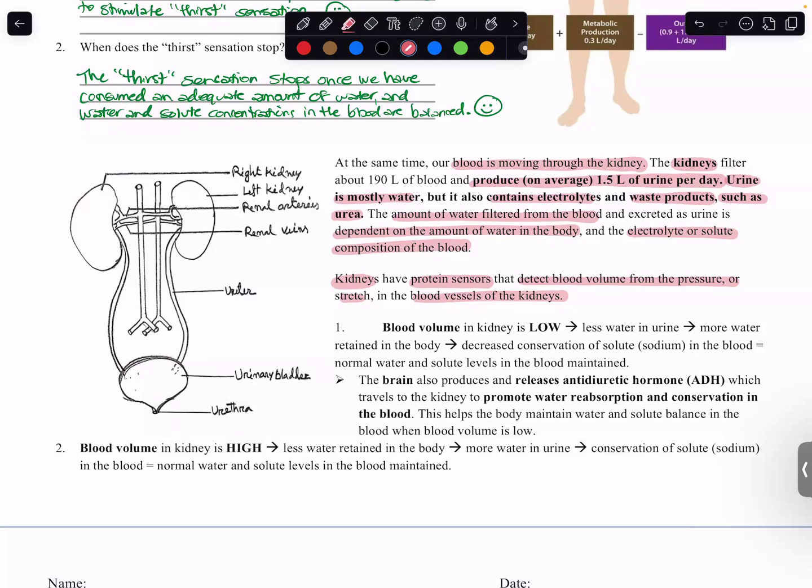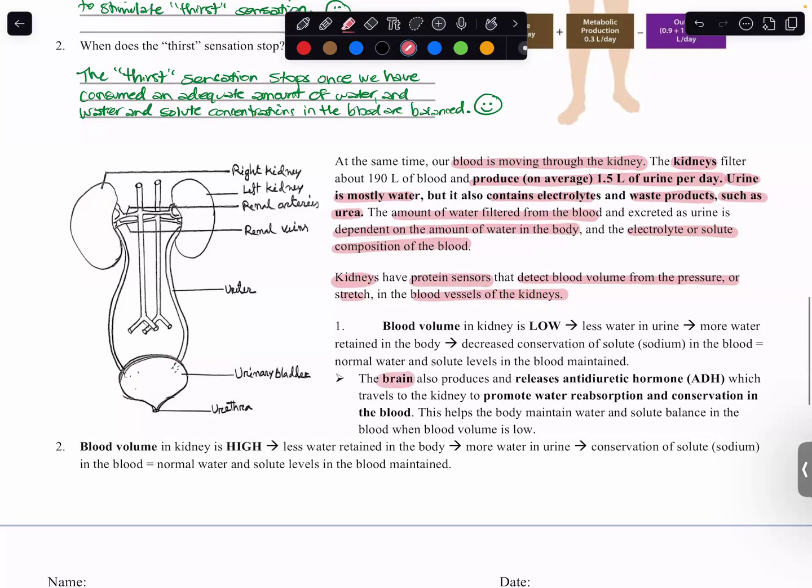But if we're trying to do that, then we're going to have to let go of more sodium or solutes from the blood, right? So that's going to lead to a low urine output, right? Low amounts of water in the urine, but higher amounts of salt and urea, which is what we just keep repeating over and over again.